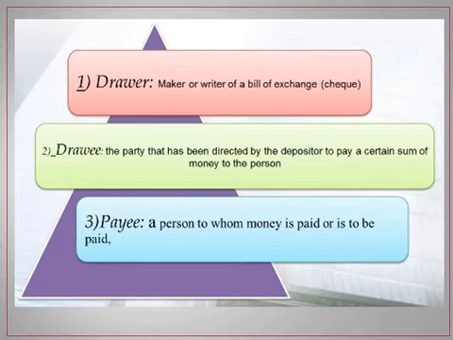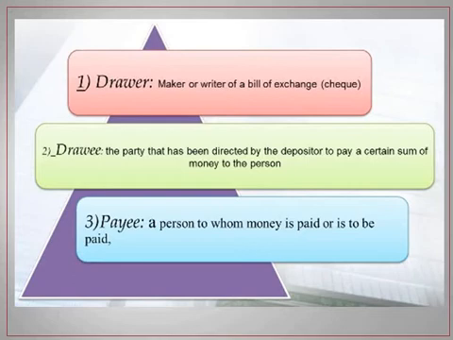The drawee is the party that was directed by the depositor. Mostly the drawees are the bankers. The payee is the person whom we ask to move for the payment. So the payee should be paid by the drawee, that is the bankers.